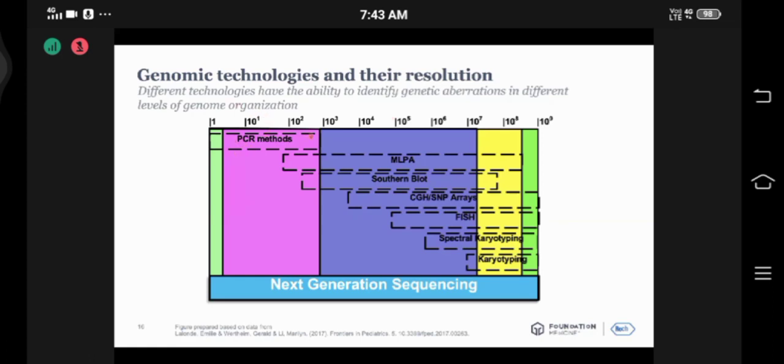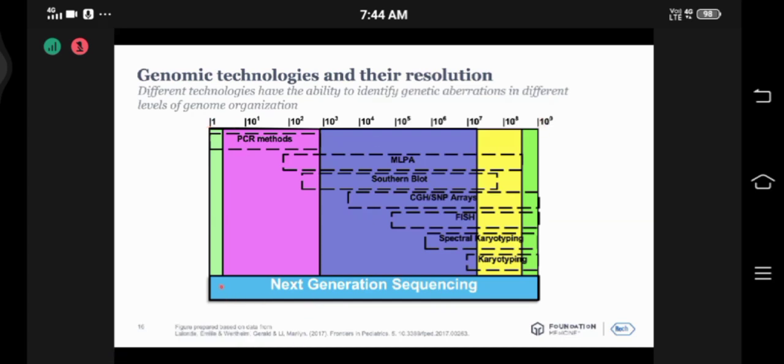If we see the single gene, like PCR, which we use for detection of a single gene alteration, to MLPA, Southern blot, CGH, FISH, spectral karyotyping and karyotyping, these are the different resolutions that we see. If we see the top of the slide, the different depths and resolutions.